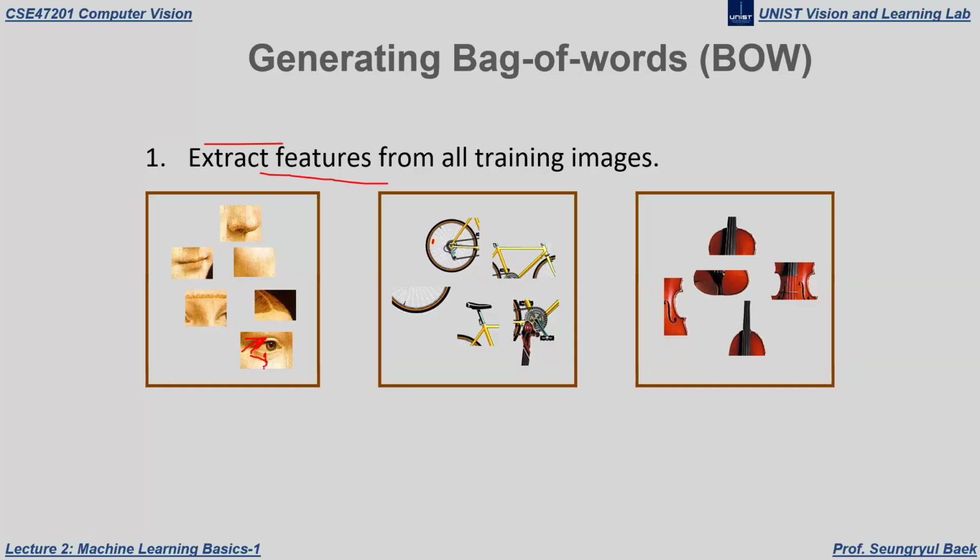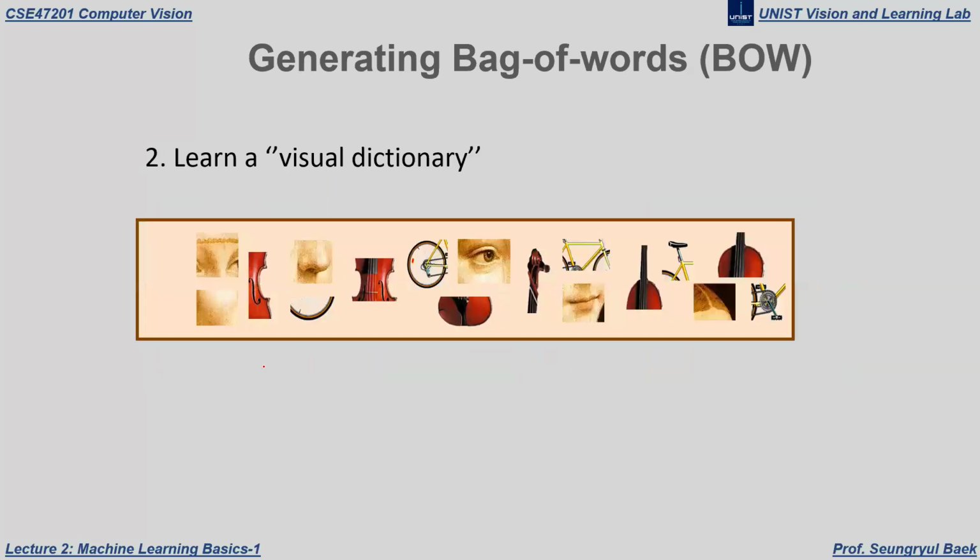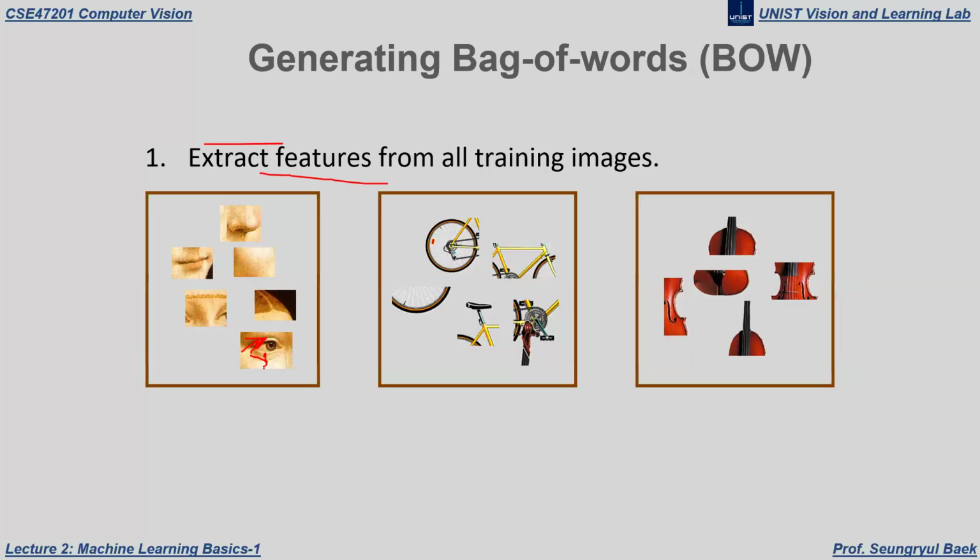There are pre-existing techniques that can extract useful feature vectors such as shape, appearance, and color information from the images, and in OpenCV that is already implemented as well. So from the training images, we extract a feature vector for all the patches.